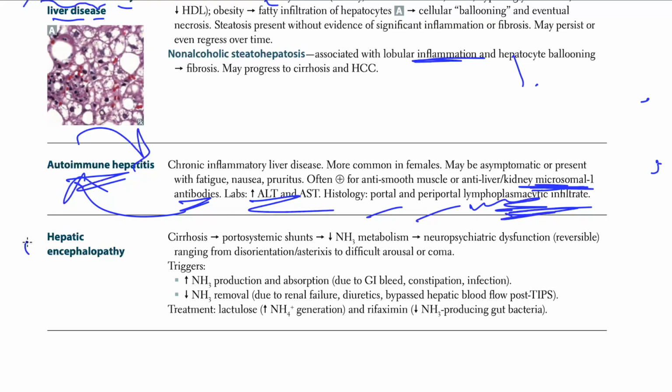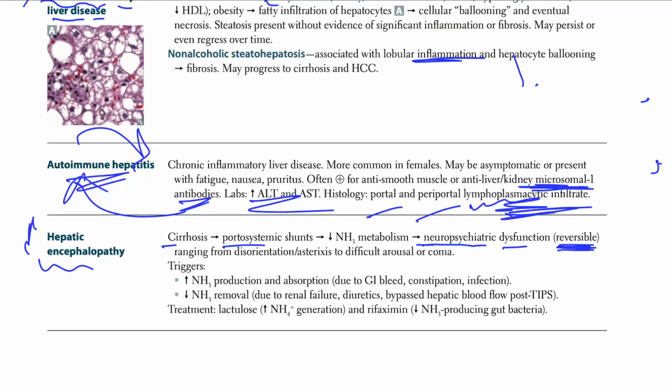The last one here, we have hepatic encephalopathy. Cirrhosis causes portosystemic shunts, which causes a decrease in ammonia metabolism. Okay, and that causes neuropsychiatric dysfunction, which is reversible.